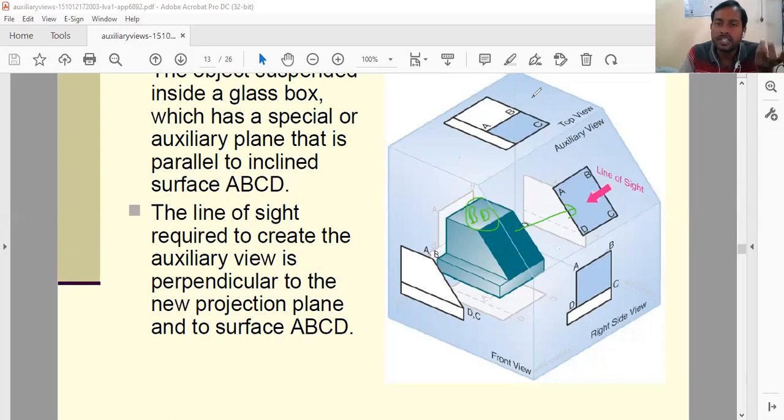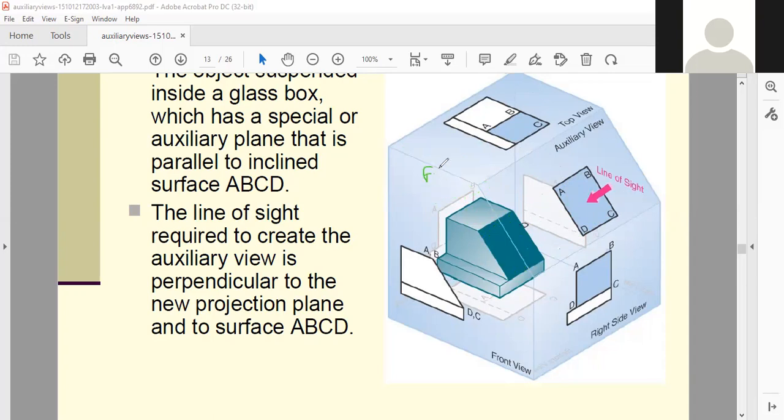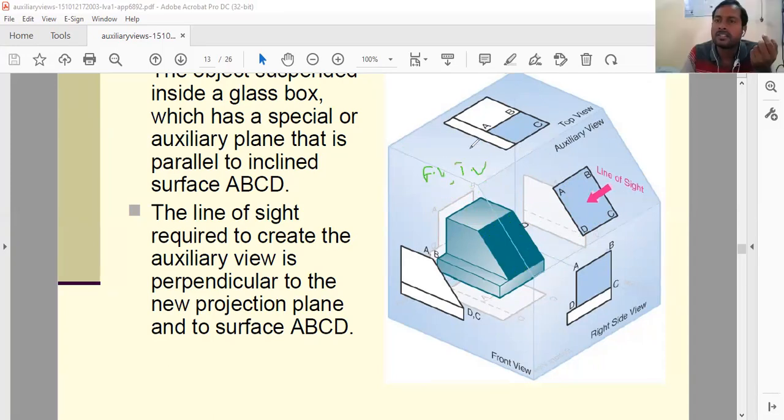But in 2D, with front view and top view, it is very difficult.